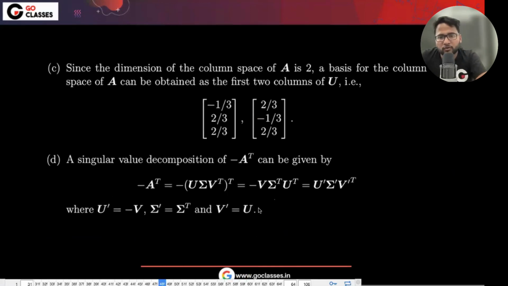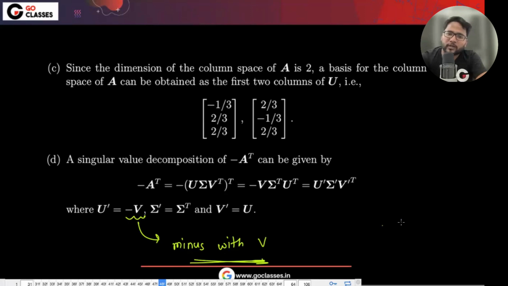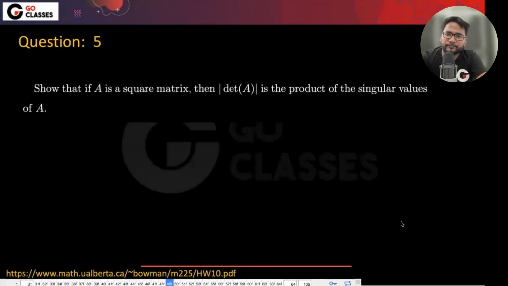Yeah. So basically, u equal to minus v. So they are multiplying minus with v. Okay. Let's now see this question. Show that if A is a square matrix, then determinant of A is a product of singular values of A. So let's just see this.